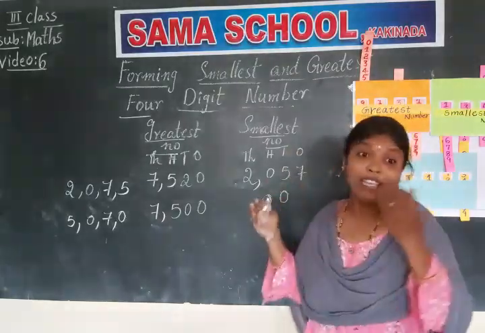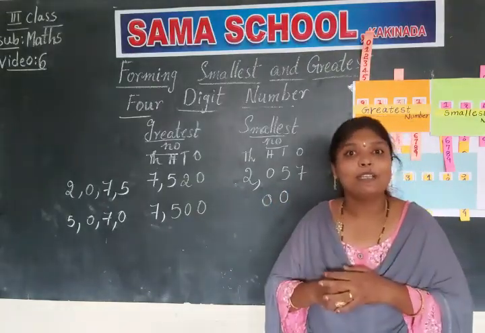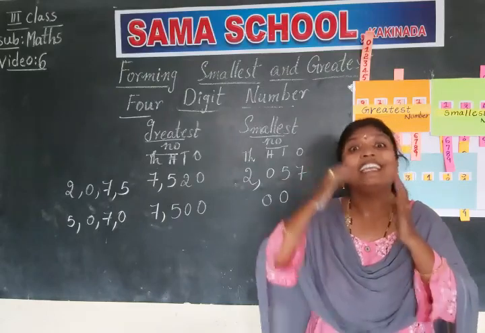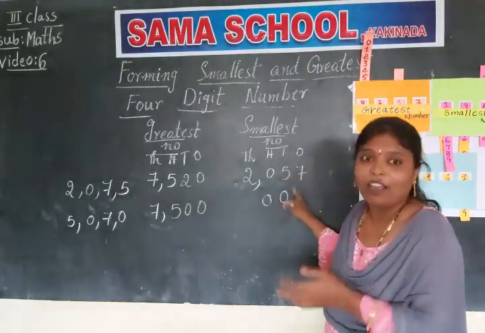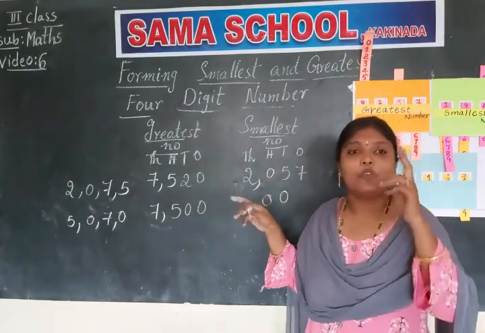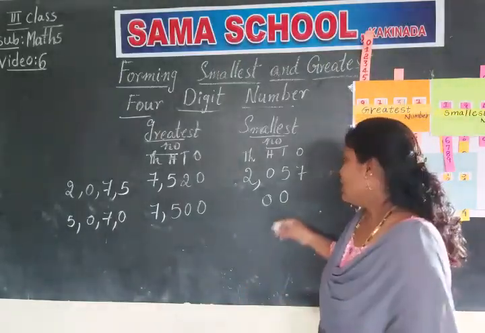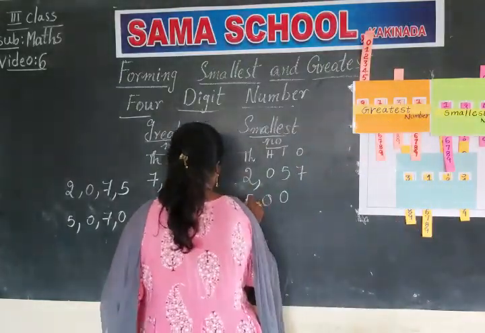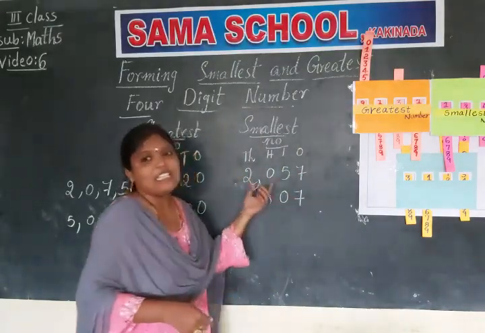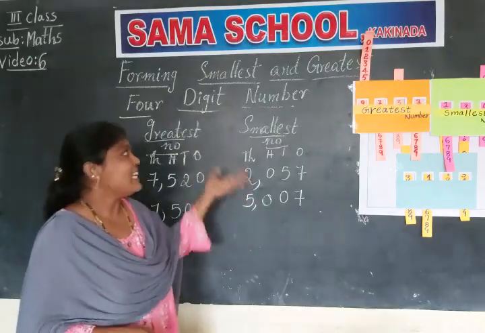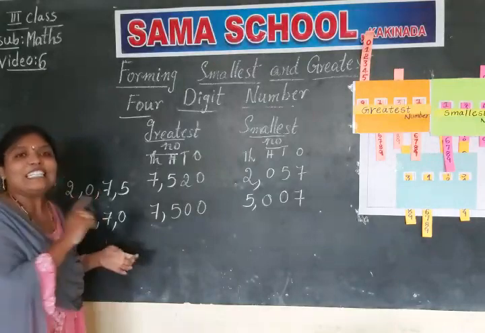If you have a doubt that we can write the 0 in last place also, then what happens? The value of the number increases, right? As we are writing the smallest number, if 2 zeros are given, you have to write those 2 zeros in hundreds and tens place. Now, what is the smallest digit? 5 and then 7. So 5007 is the smallest 4-digit number which is formed by using these digits.